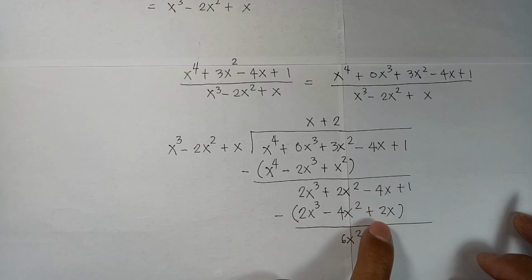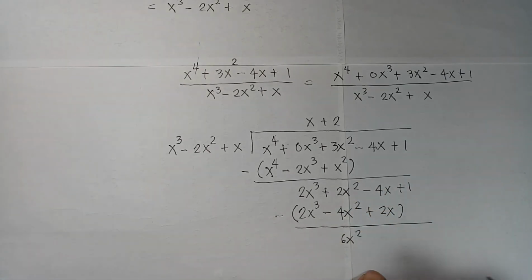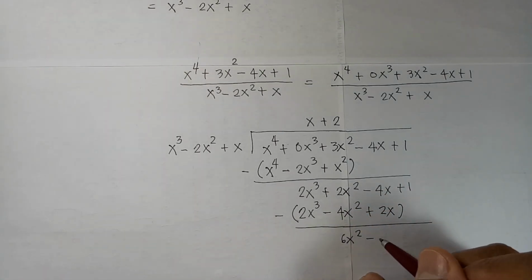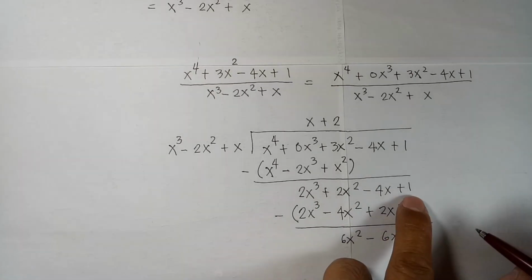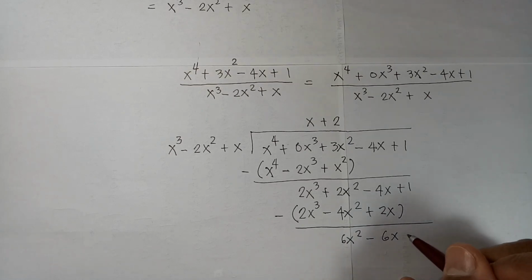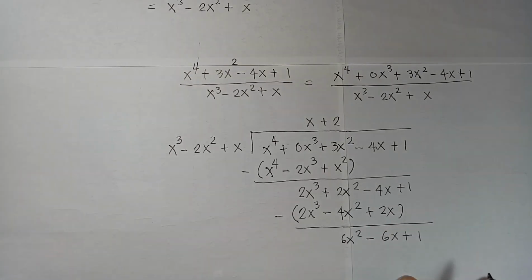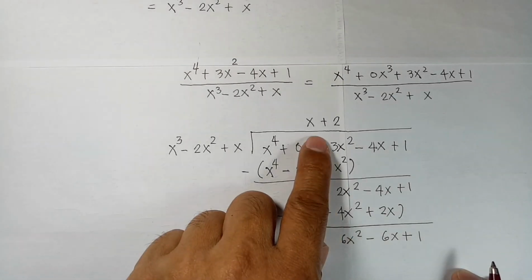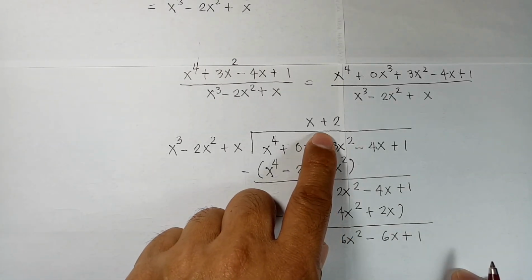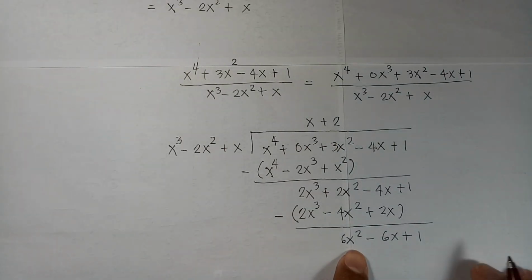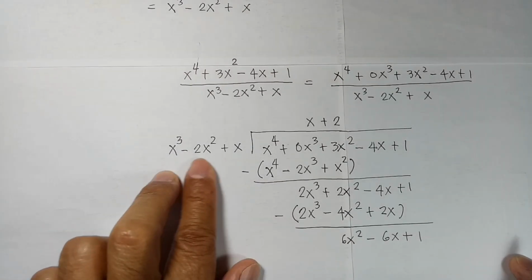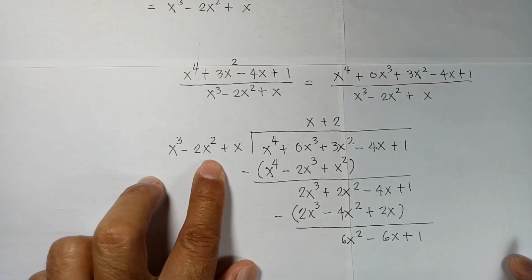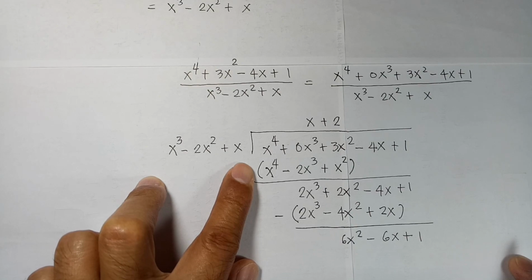So negative 4x plus negative 2x is negative 6x. So negative 6x, and then bring down 1. So plus 1. Okay. So our quotient is x plus 2 with a remainder of 6x squared minus 6x plus 1 all over x cubed minus 2x squared plus x.